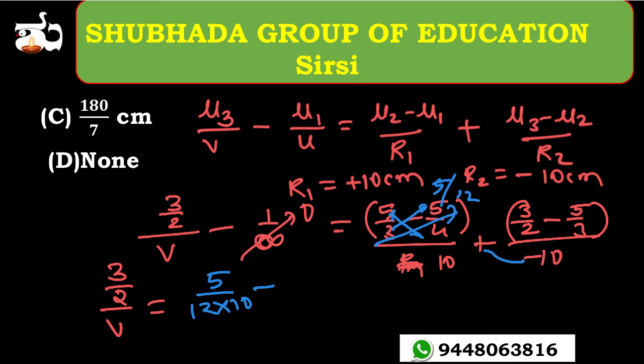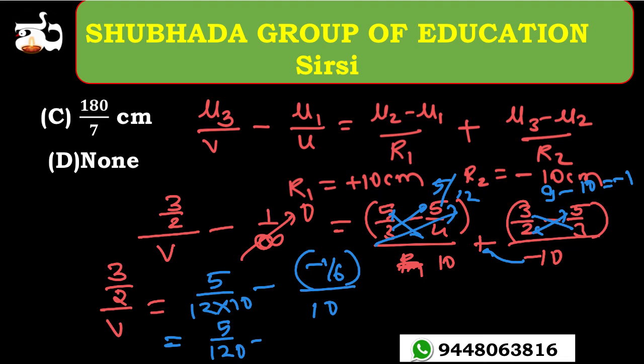Then, taking the minus to here, 3 into 3 is 9 minus 10, which gives minus 1 by 6, divided by 10. So that is what we got here. This is 5 divided by 120, and minus minus becomes plus, so plus 1 divided by 60 here, correct? So finally, what do I get? It should be 7 divided by 120.